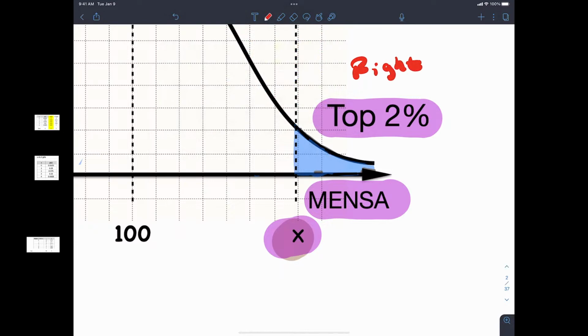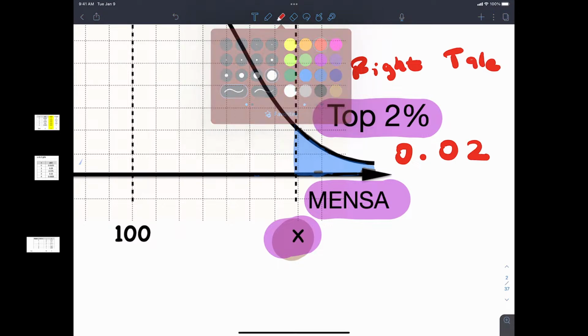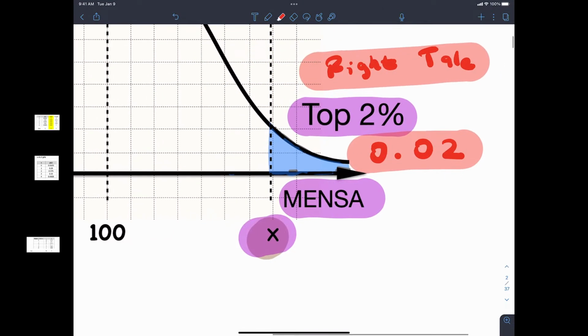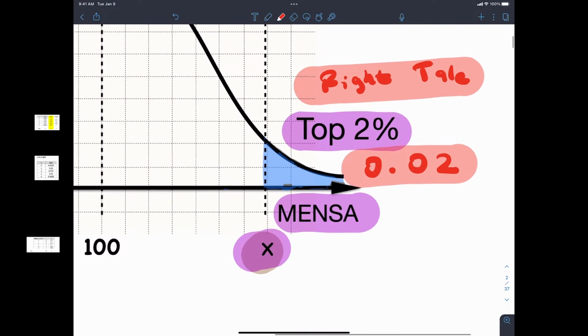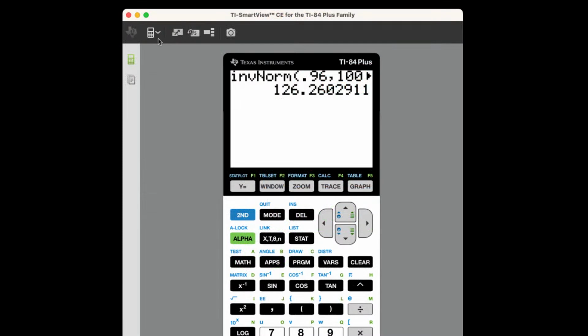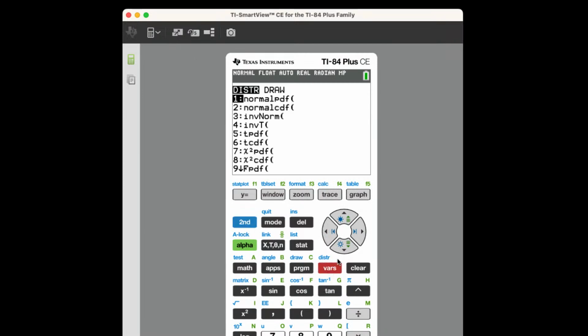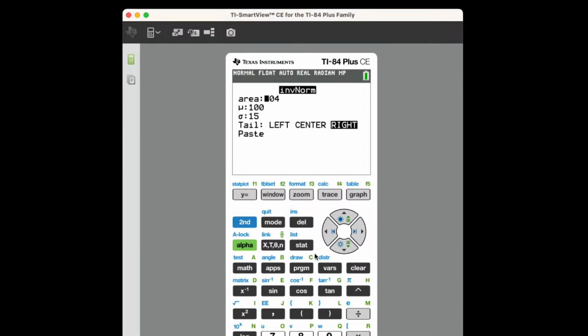So how do you write, again, this is a right tail. How do you write 2%? I'm going to go to the fancy calculator, and I'll do it both though. Second distribution, inverse norm. You guys okay?